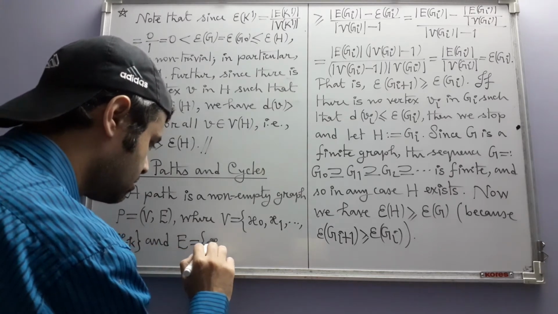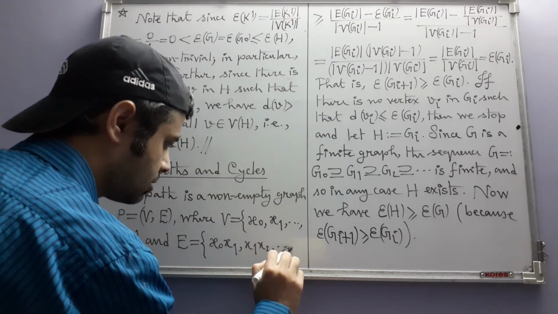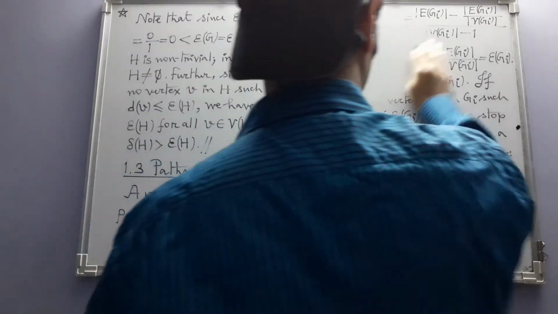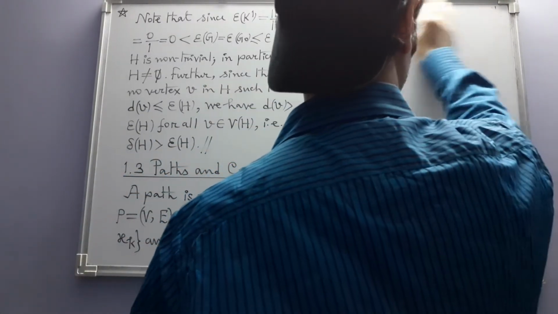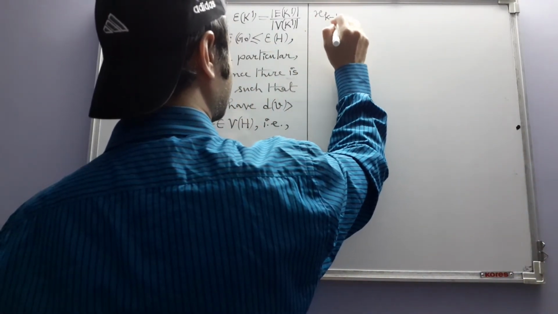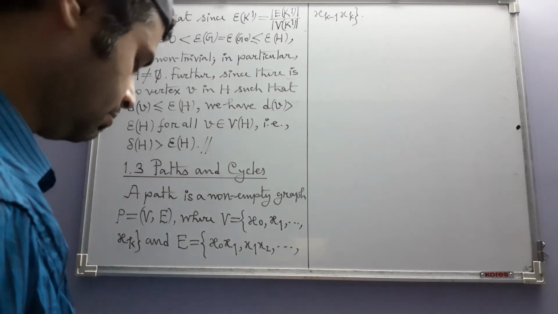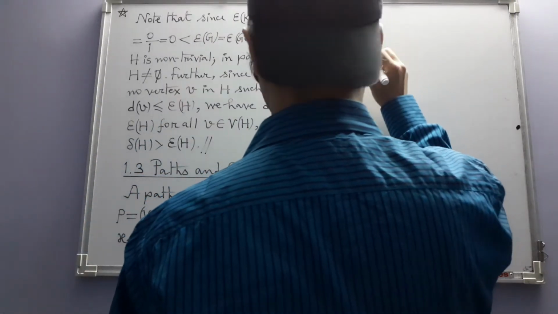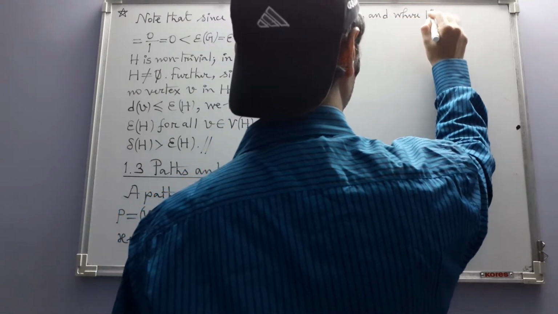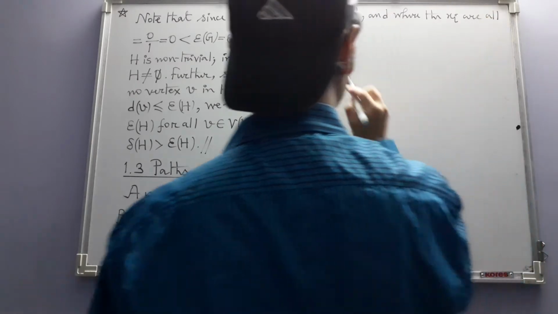These are the edges: x0 x1, x1 x2, like that it will go, up to x k minus 1 x k, where the x i are all distinct.